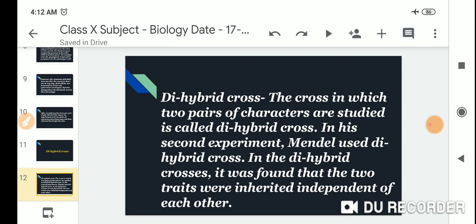The cross in which two pairs of characters are studied is called a dihybrid cross. In his second experiment, Mendel used the dihybrid cross. In the dihybrid cross, it was found that the two traits were inherited independent of each other.